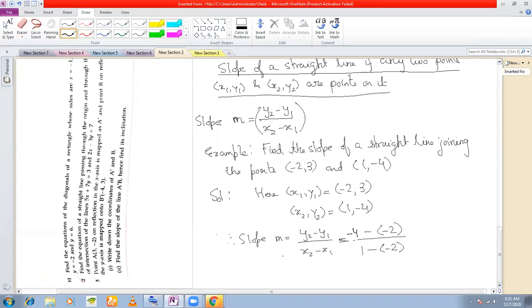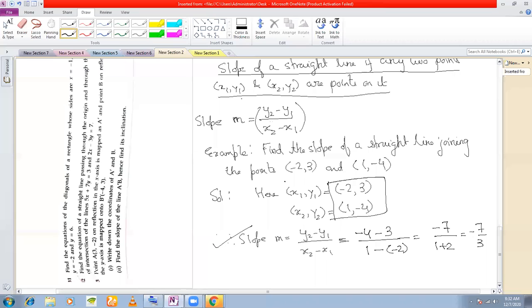So this is minus 7 by 1 plus 2, which is minus 7 by 3. So this is the slope of the straight line. Since you knew 2 points on the straight line, you were able to find out the slope with the help of this formula.